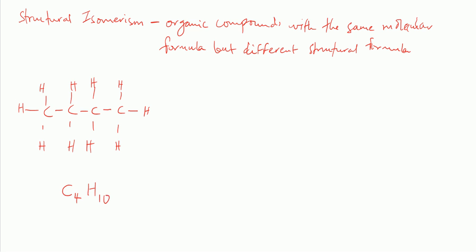So C4H10. Now, what if we have another structural formula here? Just remember when you're drawing these diagrams, make sure you have 4 bonds around a carbon atom. That's a common error that students make. They end up drawing 5 bonds around the carbon atom.